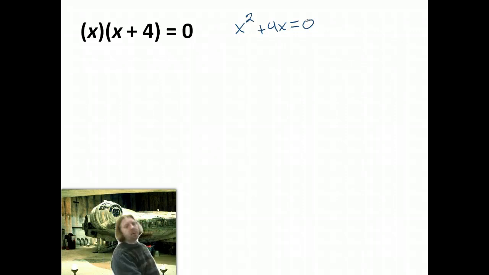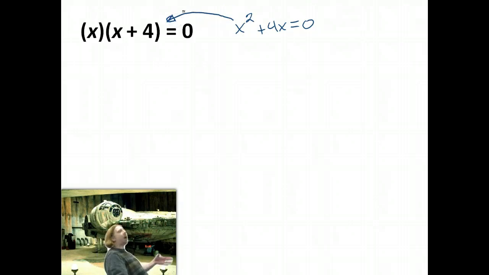Hopefully, from all the things that we've practiced in Chapter 8, you can see how x squared plus 4x can become x times (x plus 4), because I can factor that x out. Now, the zero product property that we just talked about for the first example says that if the two factors' product is 0, then one of the two factors has to be 0.